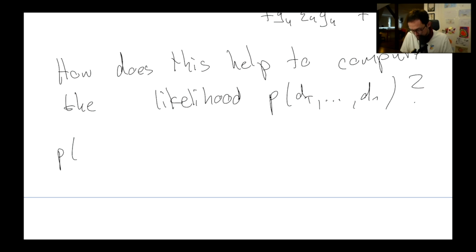So p of dt up to d1. As we have seen in vector autoregressive models, let's factorize this likelihood function.